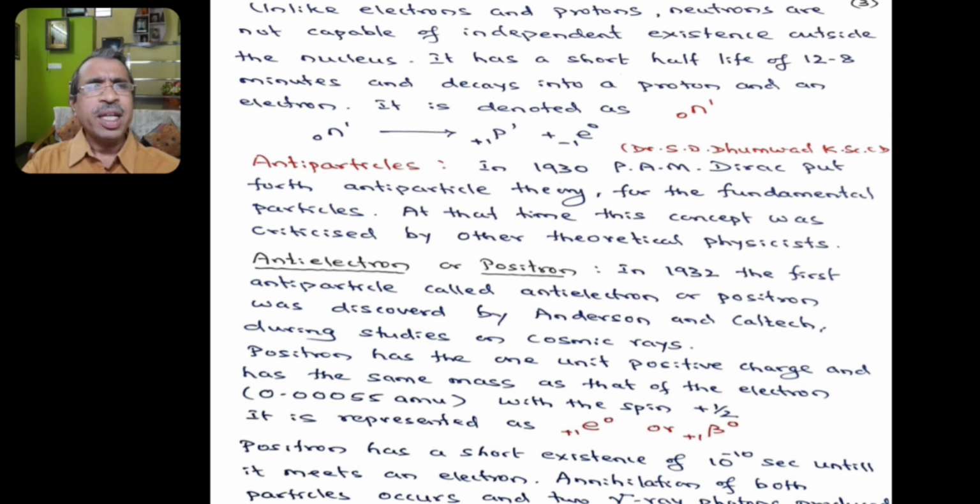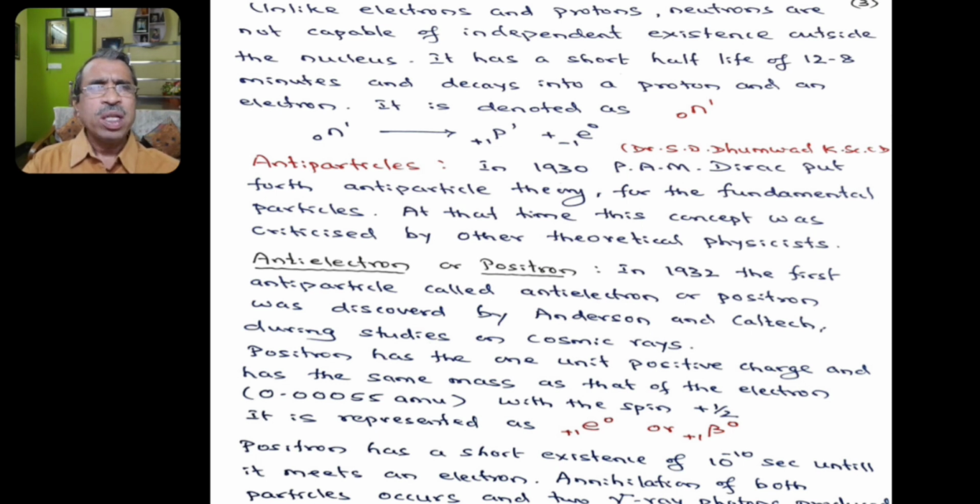In 1932, the first antiparticle, called anti-electron or positron, was discovered by Anderson at Caltech during studies on cosmic rays.